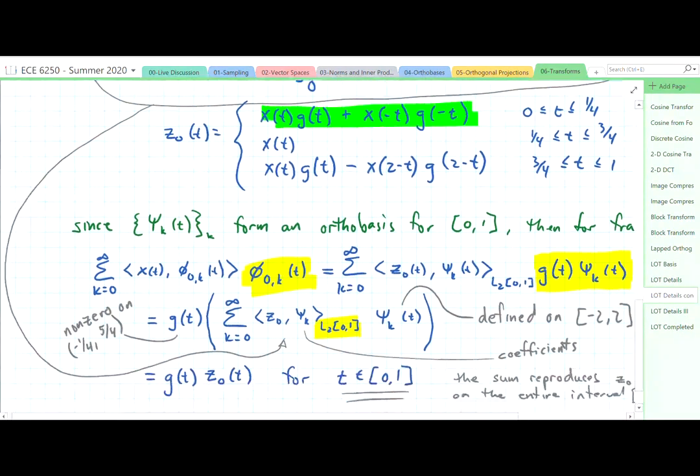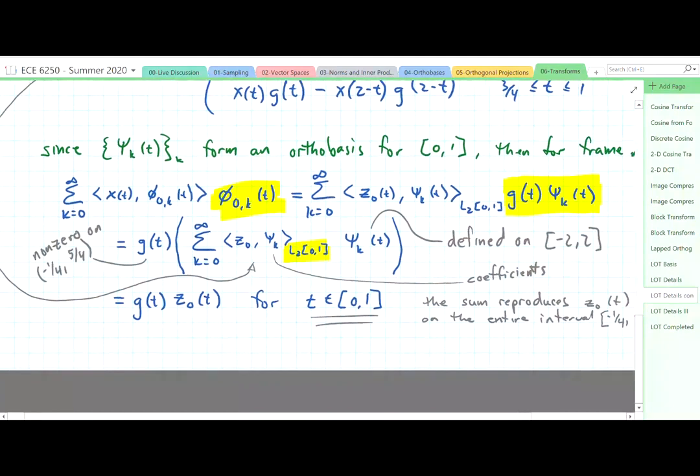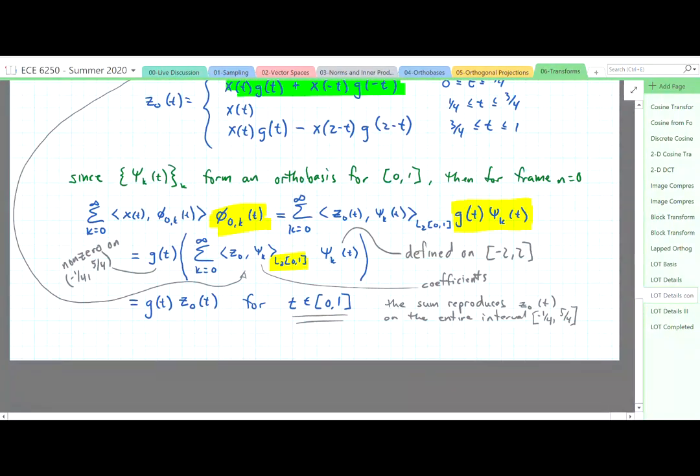Where to go next? We've got a lot to unpack still, so let's keep looking at this. Okay, so we can factor out the g of t. It's not a function of k, so that factors out front. And then on the inside, we have what we've seen as a regular old building up of a function using basis functions, except that things are a little bit different here.